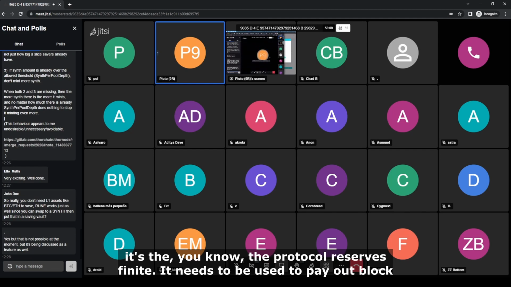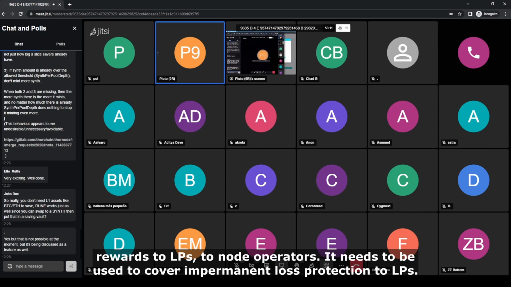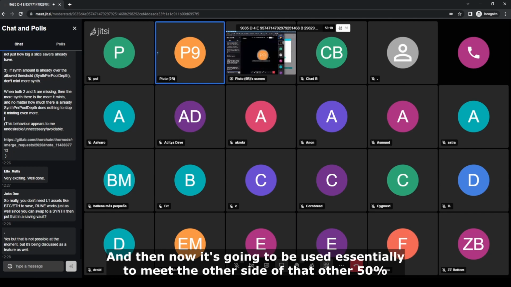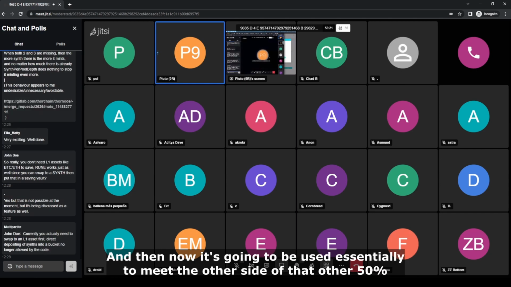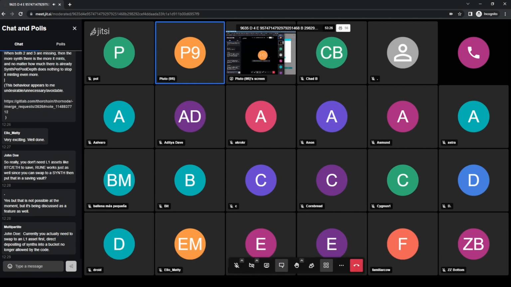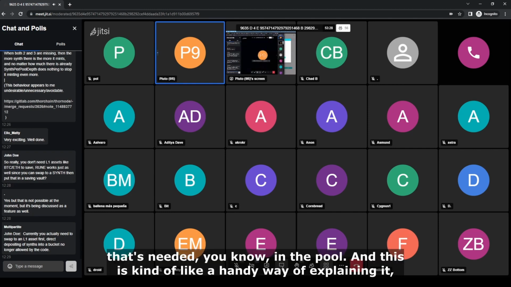It needs to be used to pay out block rewards to LPs and node operators. It needs to be used to cover impermanent loss protection for LPs, and now it's going to be used to meet the other side of that other 50% that's needed in the pool.